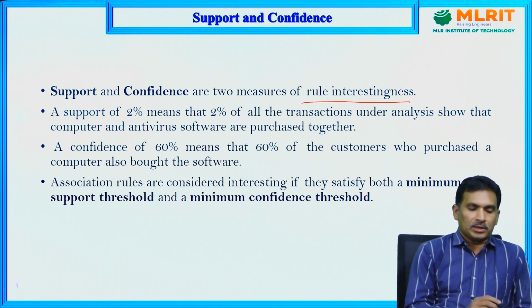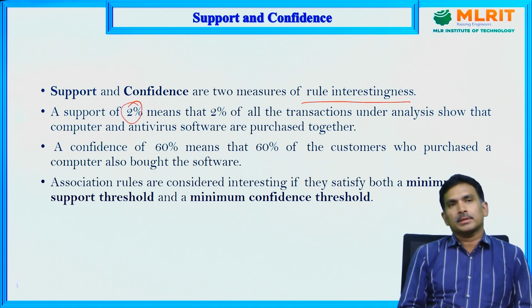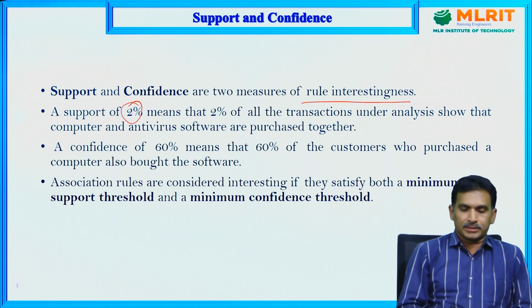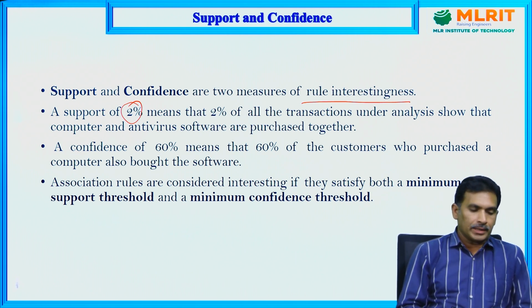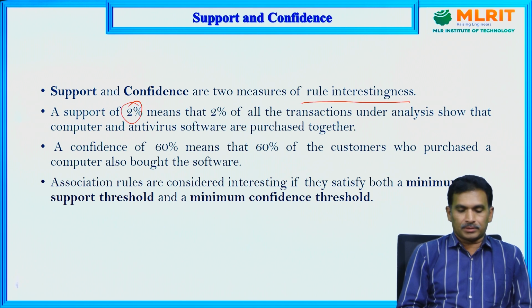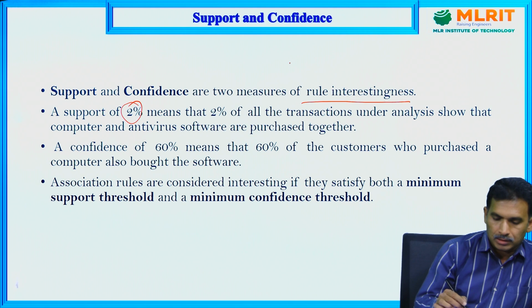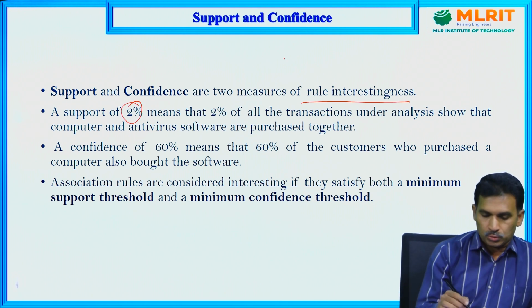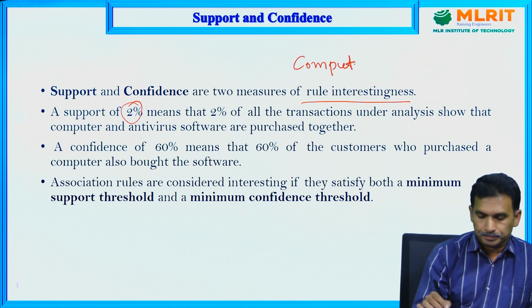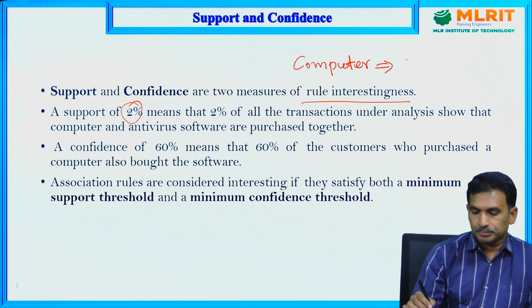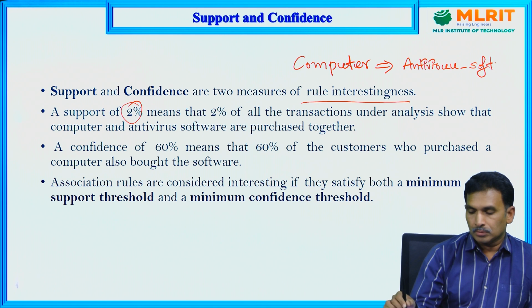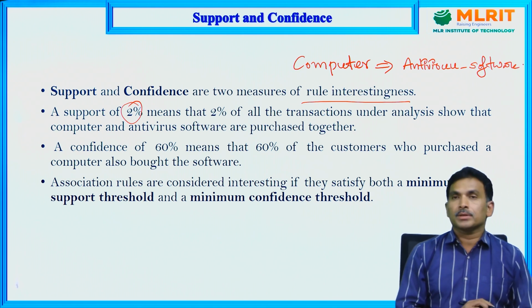For example, a support of 2% means that 2% of all the transactions under analysis show that the computer and antivirus software are purchased together. So I would write an association rule like: computer implies antivirus software.